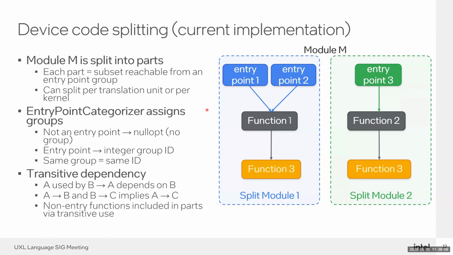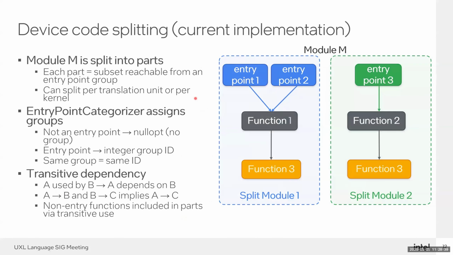Or, for example, all kernels which came from the same translation unit are a single group, and then it will be split per translation unit. So I think it covers what is in upstream now.